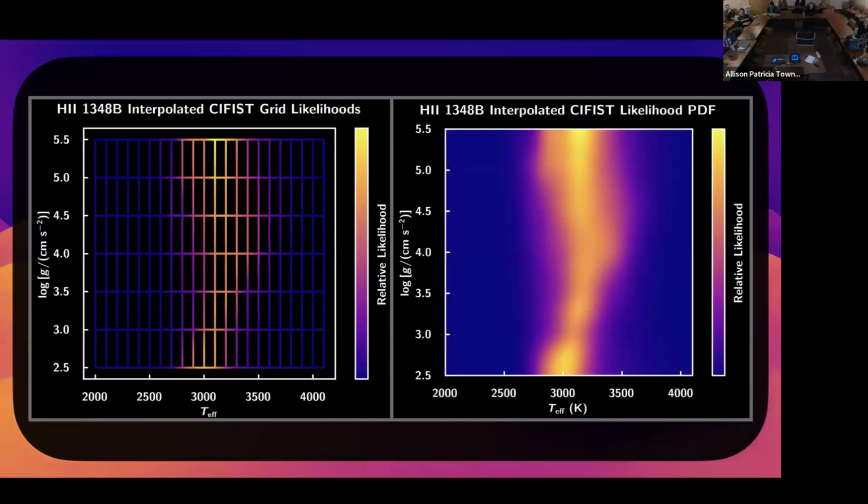To get a better understanding of this distribution in the full 2D grid, we've actually interpolated these likelihoods. So we tried not to introduce any additional structure between the models that we tested, but to keep a blurry blob that follows the likelihoods that we estimated.